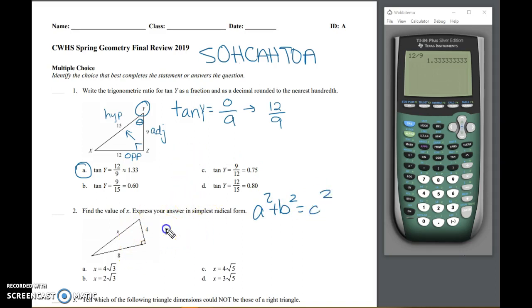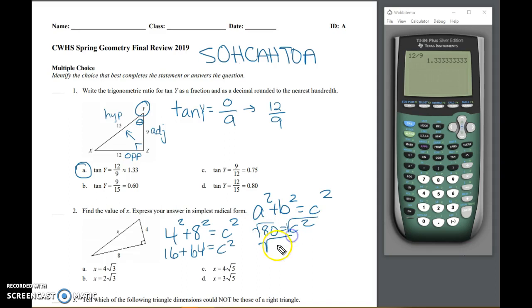I've got 4 squared plus 8 squared equals c squared. 4 squared is 4 times 4, which is 16. 8 squared is 8 times 8, which is 64. 16 plus 64 is 80. That equals c squared. And then I need to take the square root of both sides.